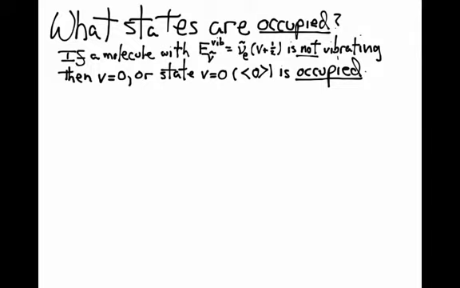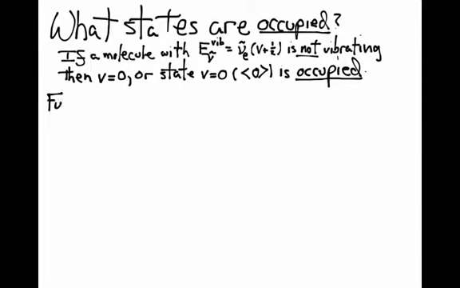So if it is vibrating with V equals 1, then V equals 1 would be occupied. It would be vibrating a little bit. If it's in V equals 0, then it's not vibrating at all, and it just has that zero-point displacement kind of blobbing out character that all quantum objects that are confined have, but it is otherwise not really vibrating in any sense.